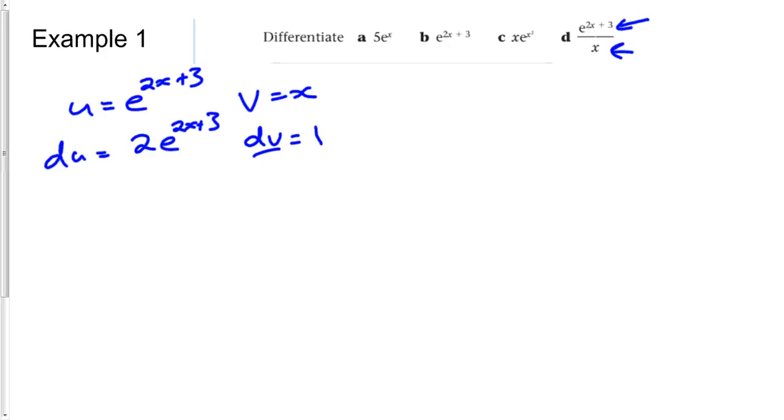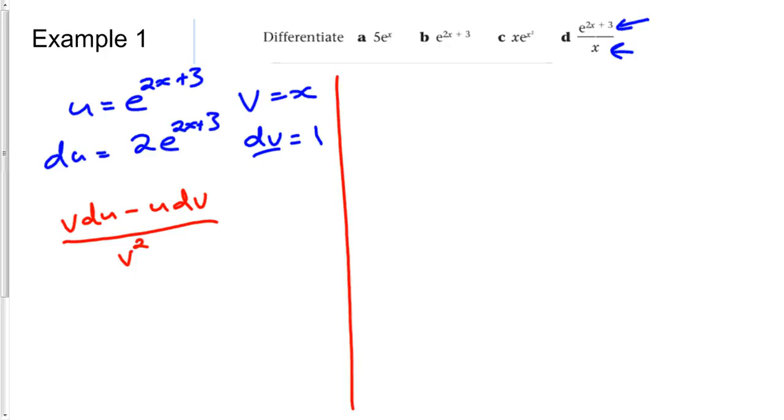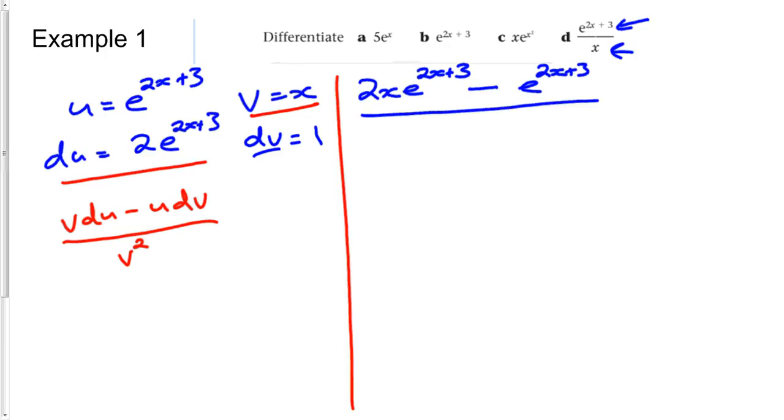So again, the quotient rule is v du minus u dv all over v squared. So using this, v du is going to give us, so we multiply the x by the 2e to the 2x plus 3. So that's going to give us 2x e to the 2x plus 3 minus u dv, which is just e to the 2x plus 3, all over v squared, which in this case is x squared.